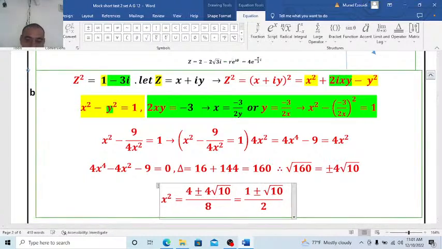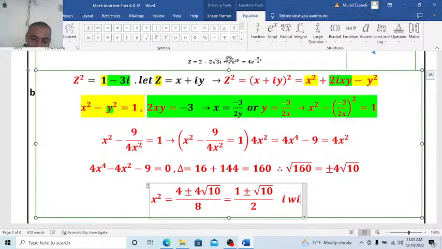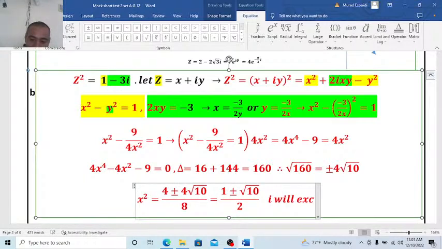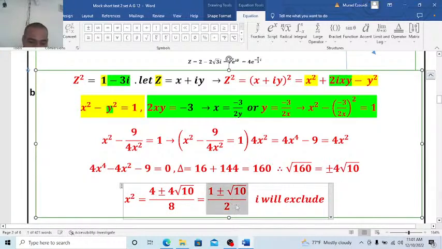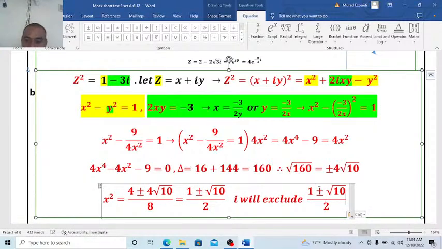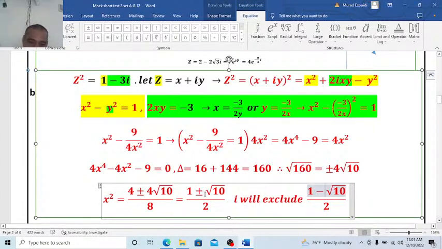Therefore I will exclude this one. I will exclude x square, which is here minus. So it means the correct answer now is the positive sign.